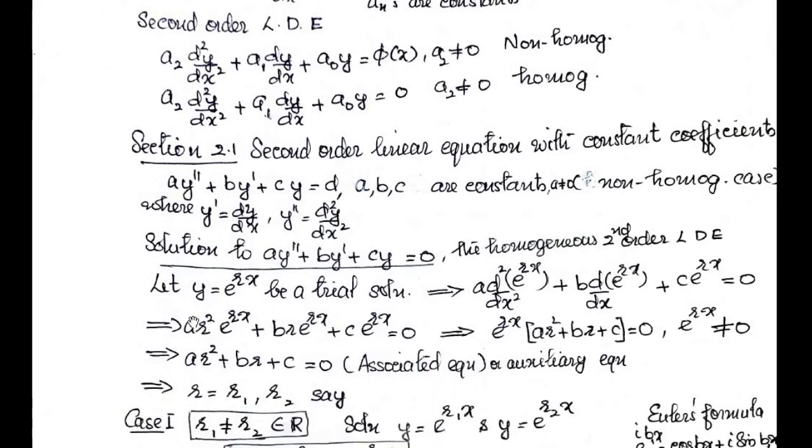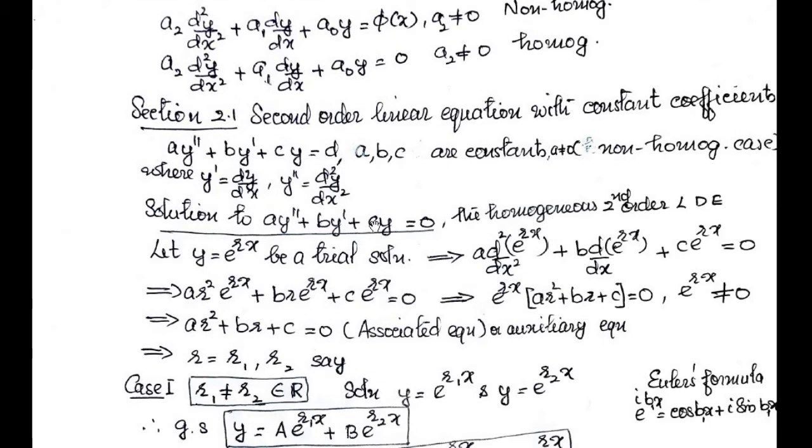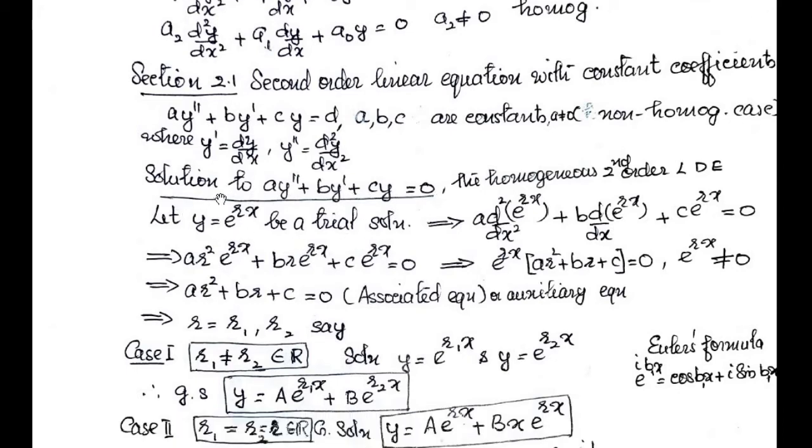This is the non-homogeneous case. But first we consider the homogeneous case, that is a y double dash plus b y dash plus c y equal to 0. Now, how can we solve such an equation?